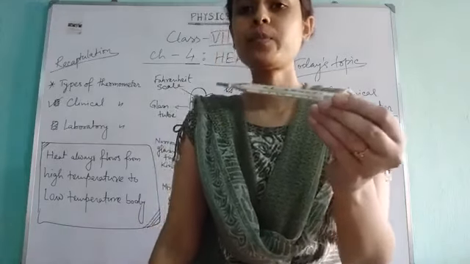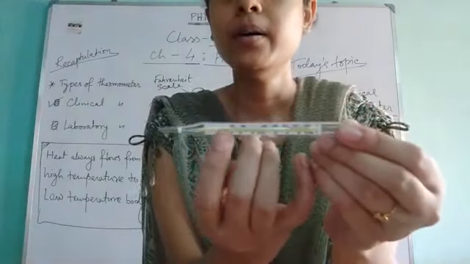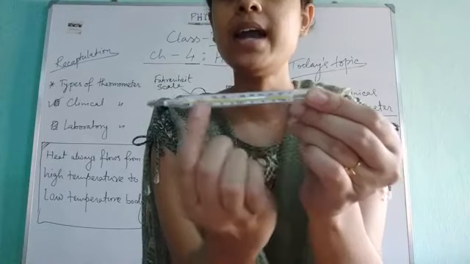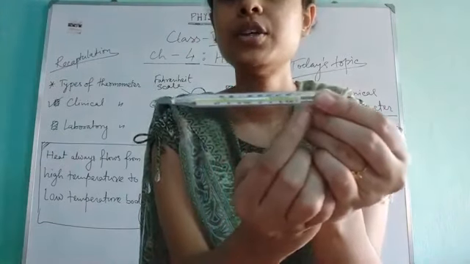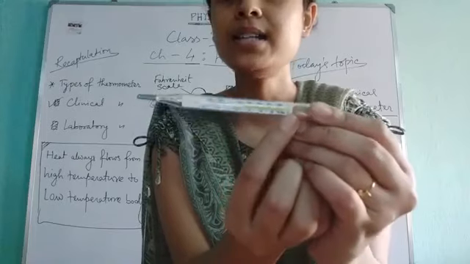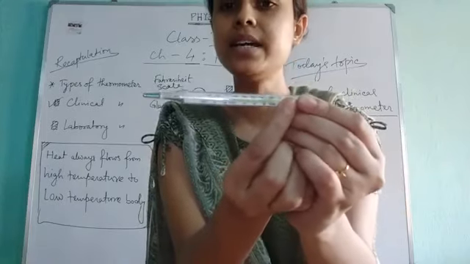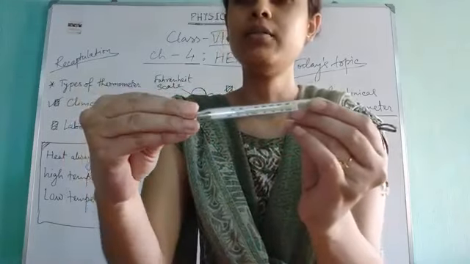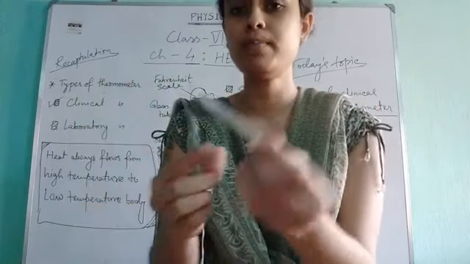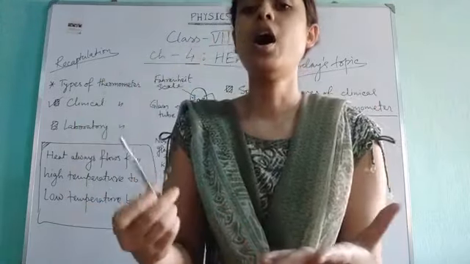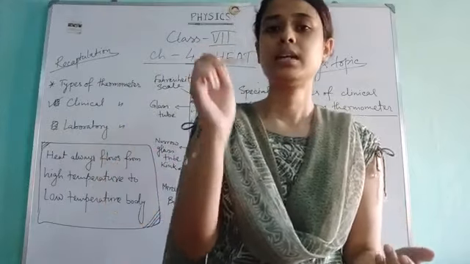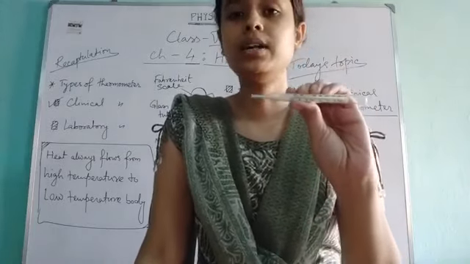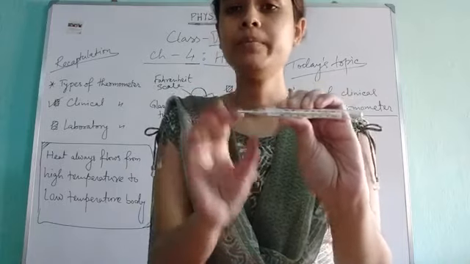Okay, so here I was telling you that below this narrow tube you can see one scale, and above this narrow tube you can see one scale. The below one is the Fahrenheit scale and the above one is the degree Celsius scale. And when we cover this bulb with our hand or place it inside our mouth when we get sick, or even the doctor keeps it under the armpit, it helps to record the temperature, as the bulb becomes hot.